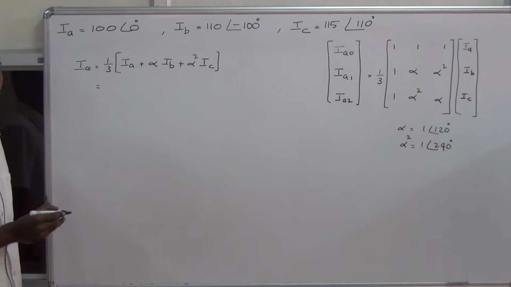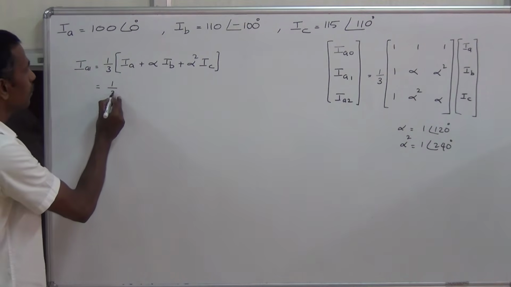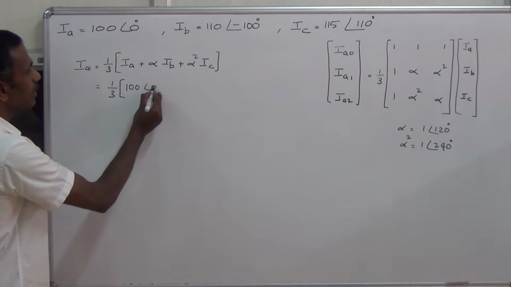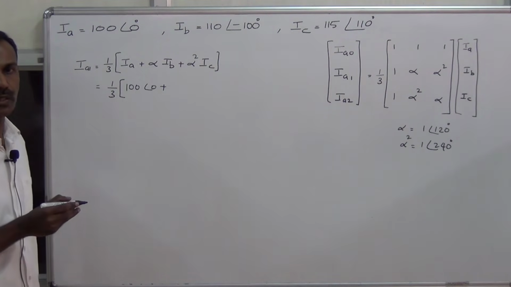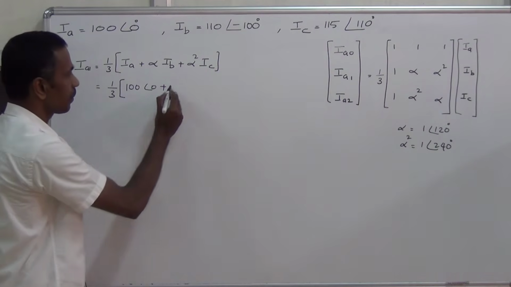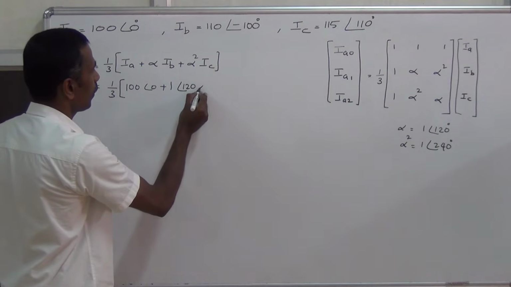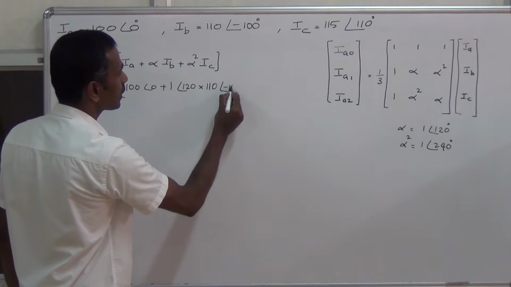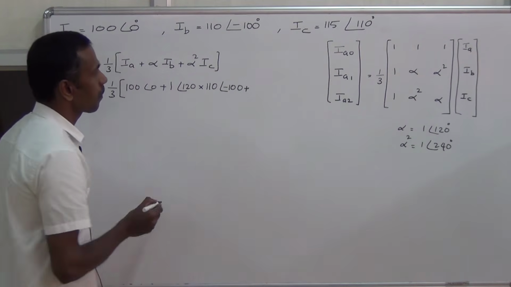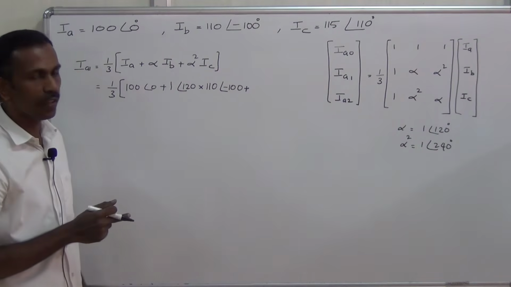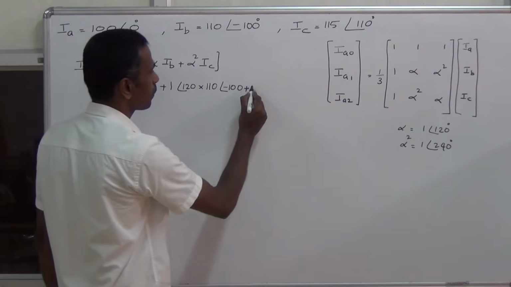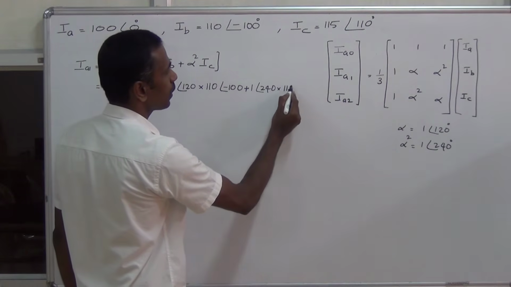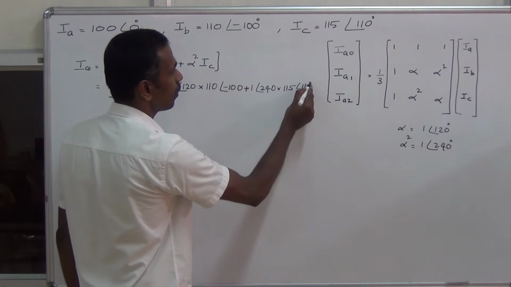So this is equal to 1/3 into IA equals 100 angle 0 plus alpha equals 1 angle 120 degrees into IB equals 110 angle minus 100 plus alpha square equals 1 angle 240 degrees into IC equals 115 angle 110.